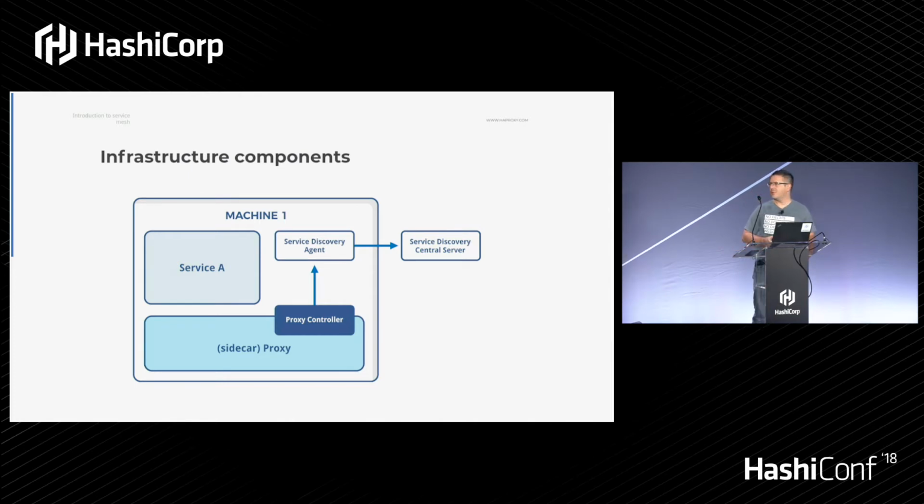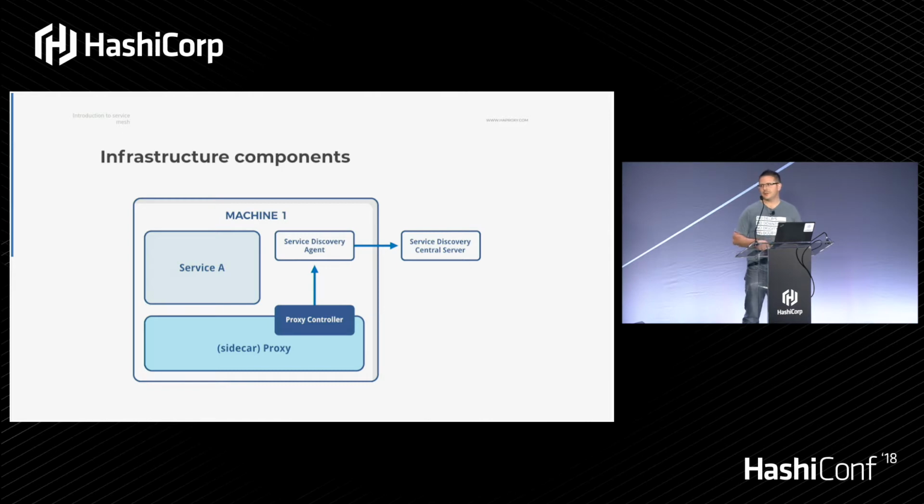Then on each of your machines, and by machine I mean a box where you have an application, that could be a VM, a bare metal server, a container, a pod in Kubernetes, etc. Your registry server will ensure the consistency of your global configuration, and it will also store your configuration.